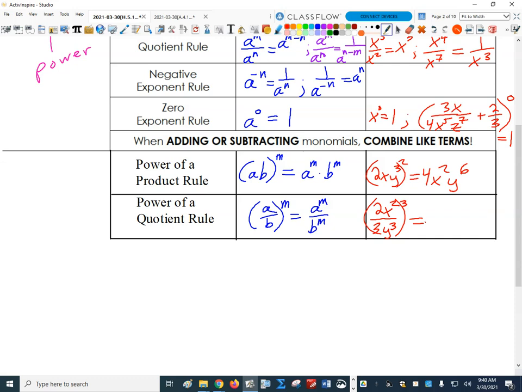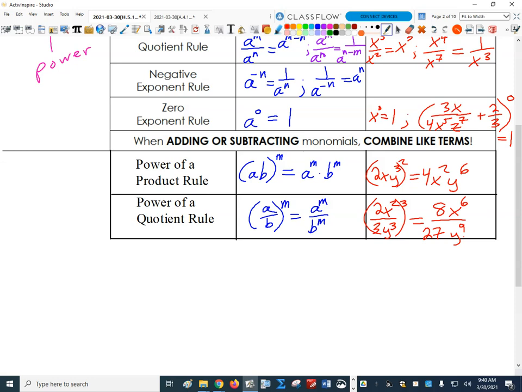Not only do I distribute horizontally, I also distribute vertically in this fraction, okay? So I'd end up with 2 cubed is 8, x squared cubed is x to the 6th, divided by 3 cubed is 27, y cubed cubed is y to the 9th.